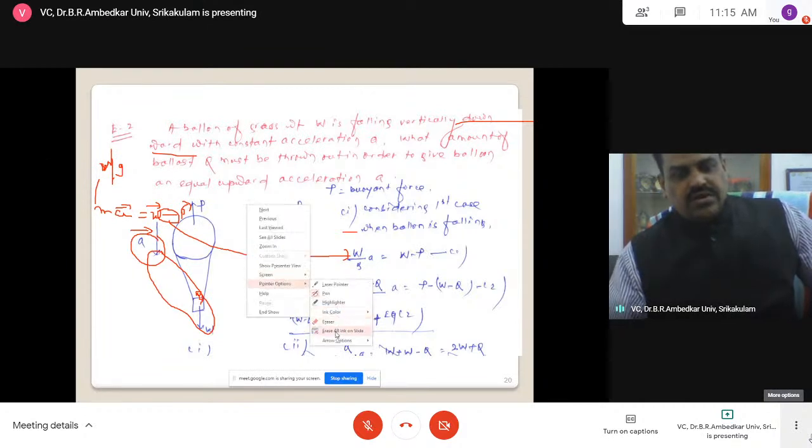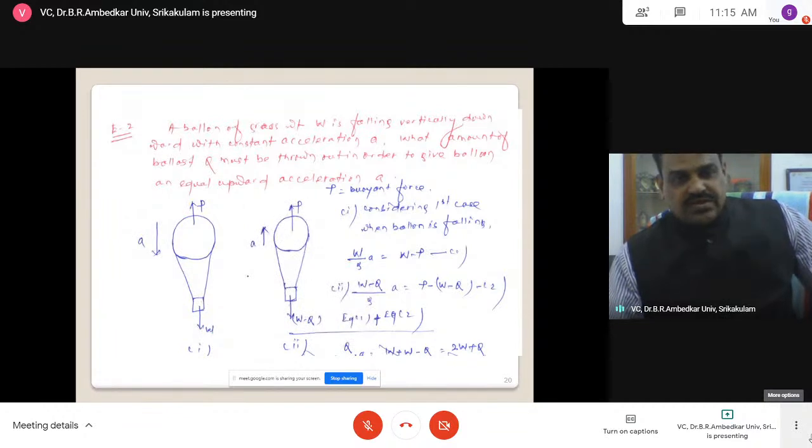So now similarly consider case 2. Both are in the same direction, and this is opposite. Mass into acceleration is equal to P minus W minus Q. This is 1, this is 2.